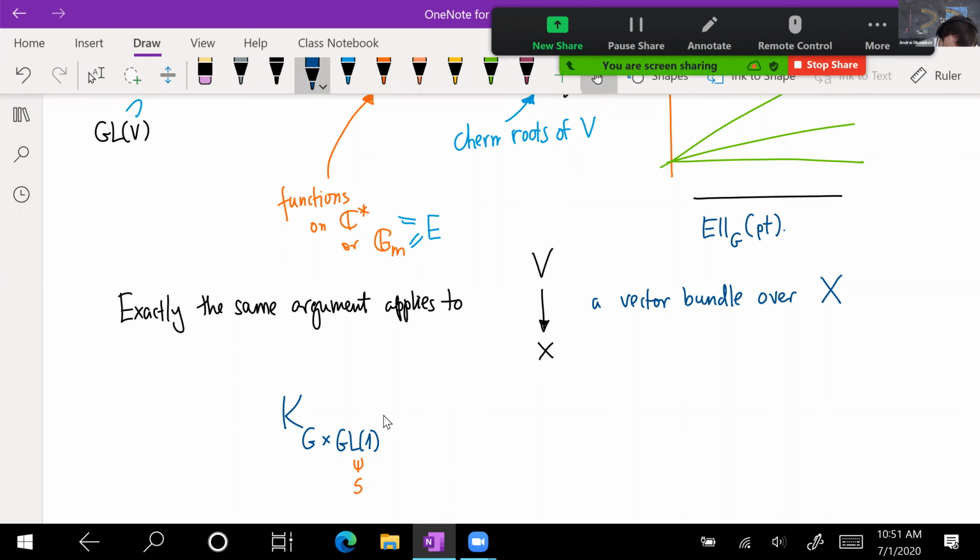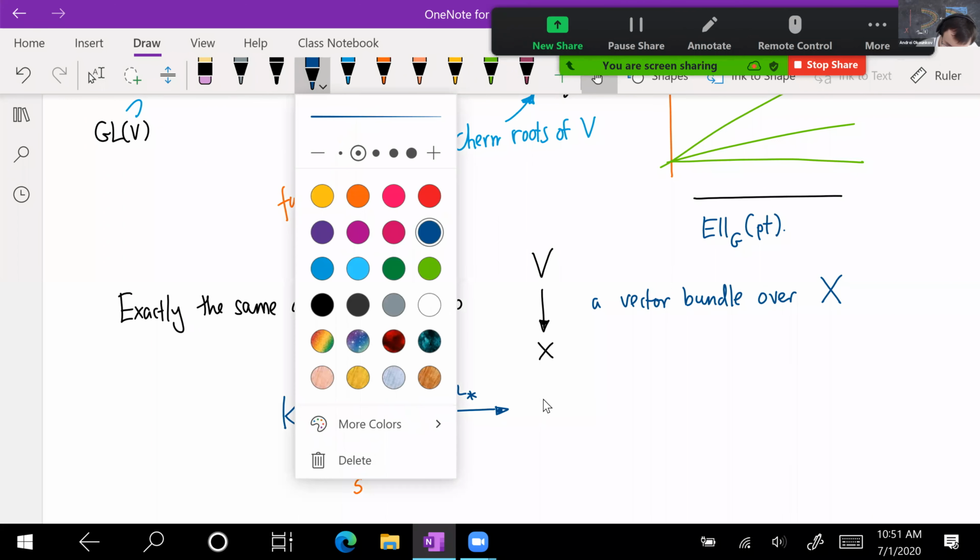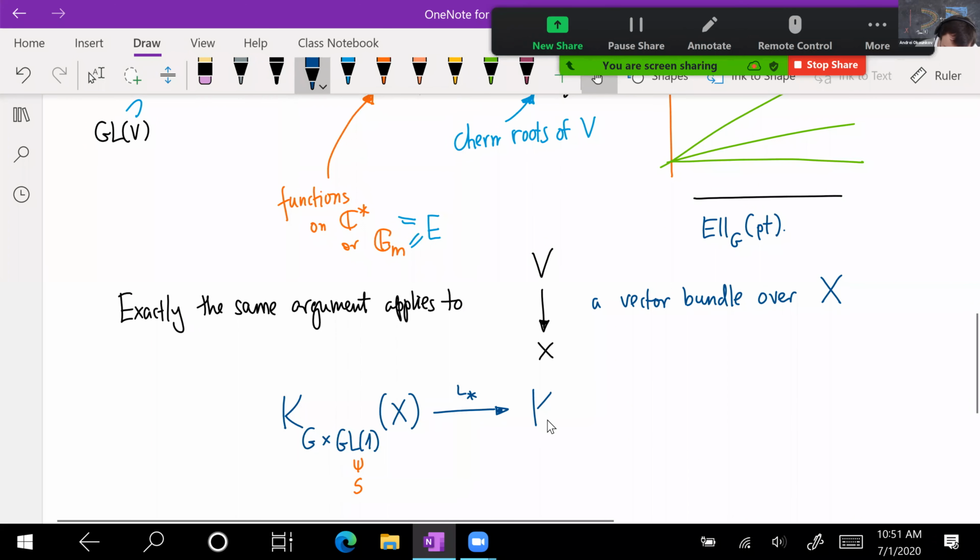And then of X, there's a push forward map, so this is I push forward into the total space G cross GL1 of the total space V, and then this was the map to the quotient. I'll just write already the KG of P of V.